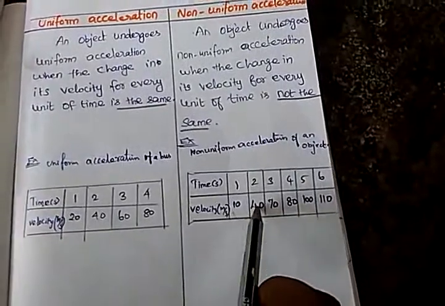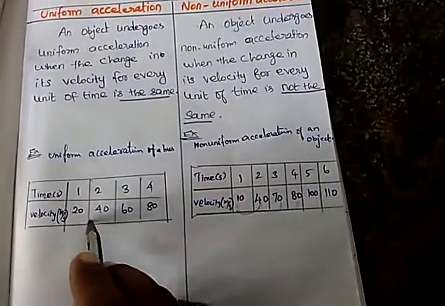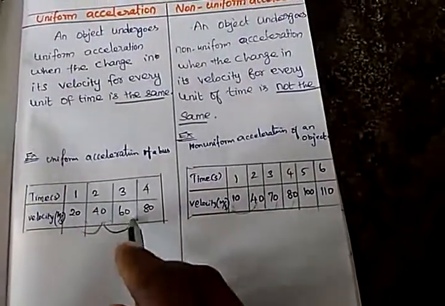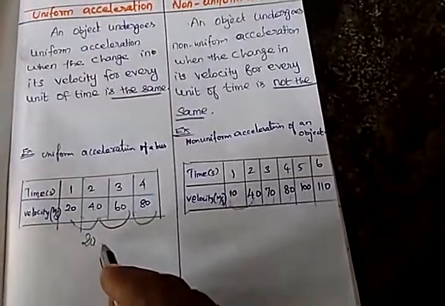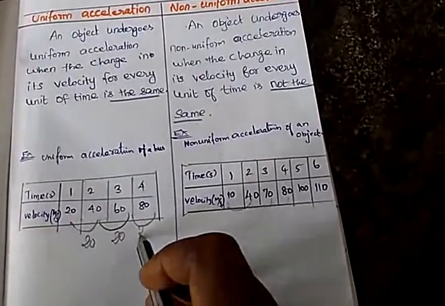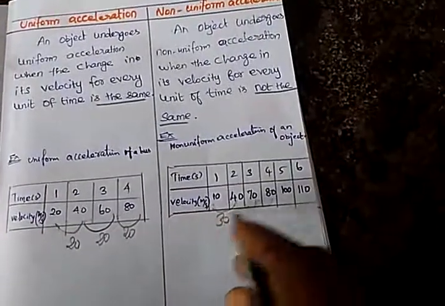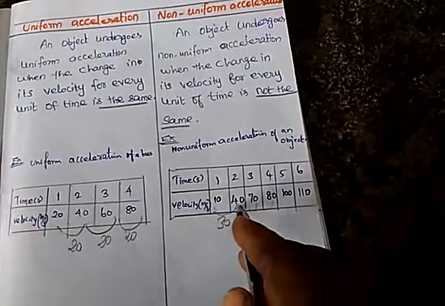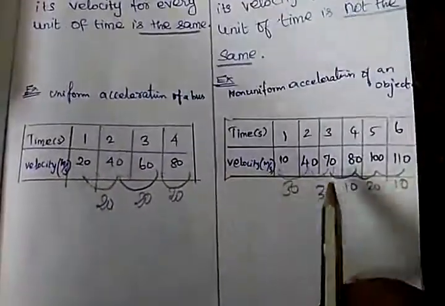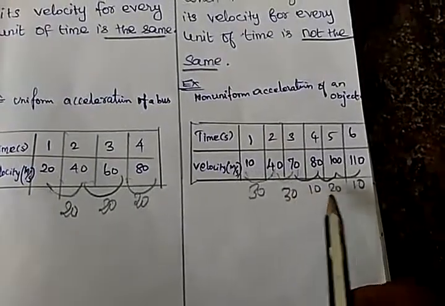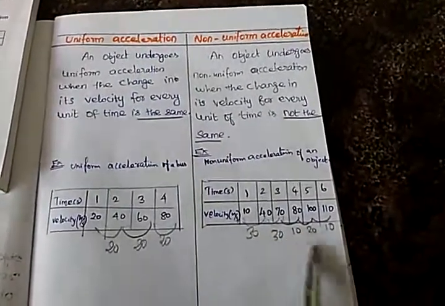Here the change is not the same. Here the time interval is the same. In the previous table the change was 20, 20. Here it is not the same: 40 minus 10 is 30, 70 minus 40 is 30, compared with 10 and 20. Students, it is a non-uniform acceleration. Okay students, thank you.